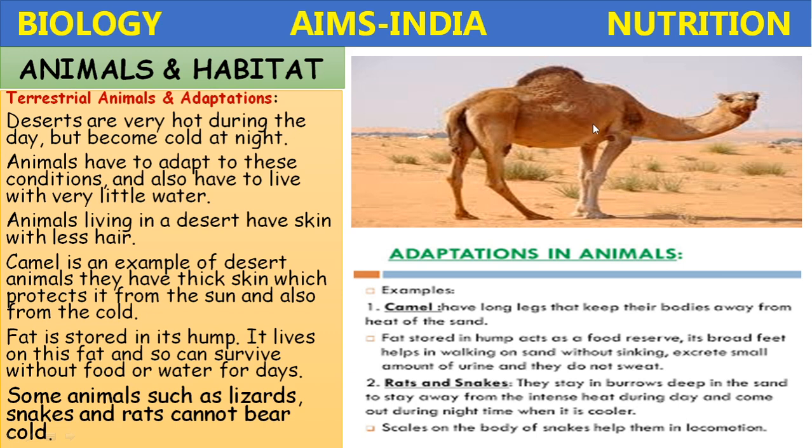The camel excretes very small amounts of urine, and it does not sweat, to conserve water. Rats and snakes of the desert live in burrows deep in the sand to stay away from the intense heat during daytime and come out at night when it is cooler. The scales on the body of the snake help them in locomotion, like crawling.